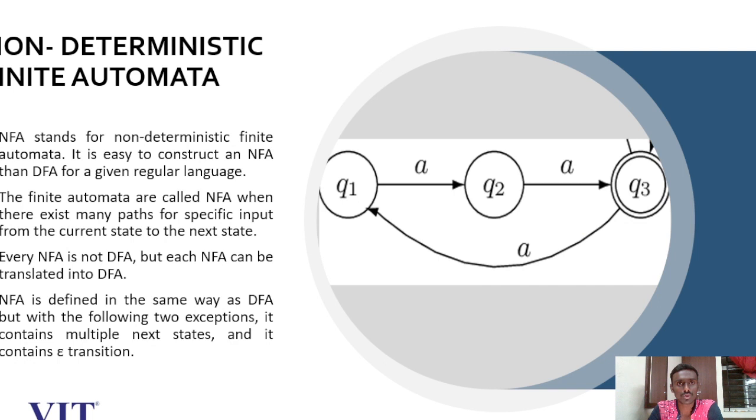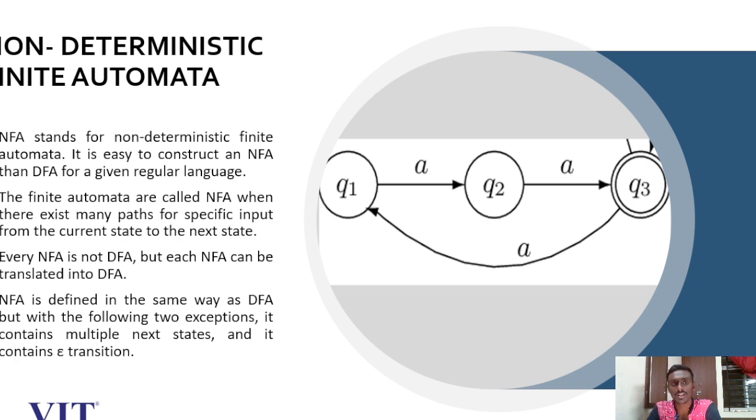And let me go through non-deterministic finite automata. I thought you understand DFA. So NFA stands for non-deterministic finite automata. It is easier to construct an NFA than a DFA for a given regular language. The finite automata are called NFA when there exist many paths for a specific input from the current state to the next state. So what is the difference between DFA and NFA?